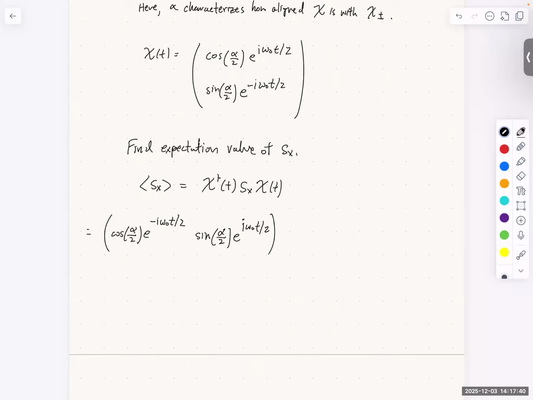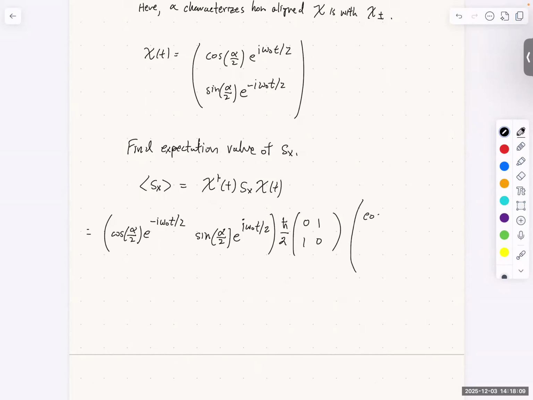All right, and then we need our spin operator. So we wrote those down last time. It has a prefactor of h bar by 2, and then there's a 2 by 2 matrix. For Sx, the 2 by 2 matrix was 0, 1, 1, 0. And then we just have to finally copy down our column matrix.